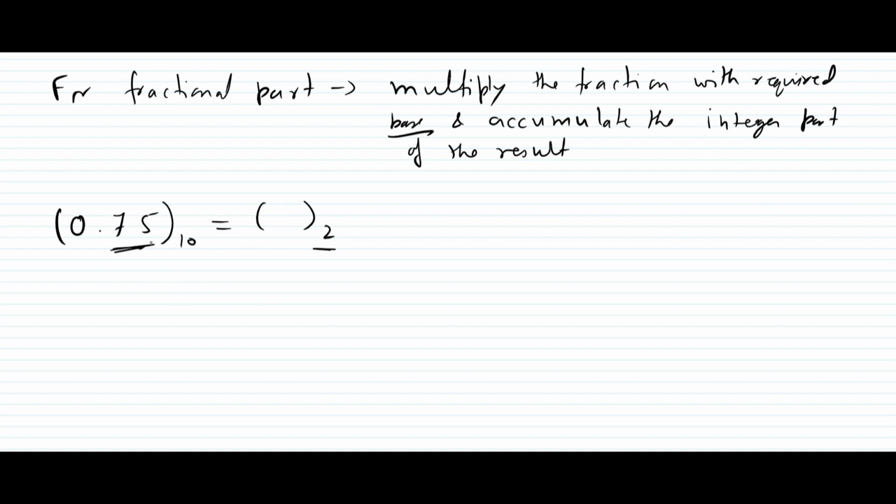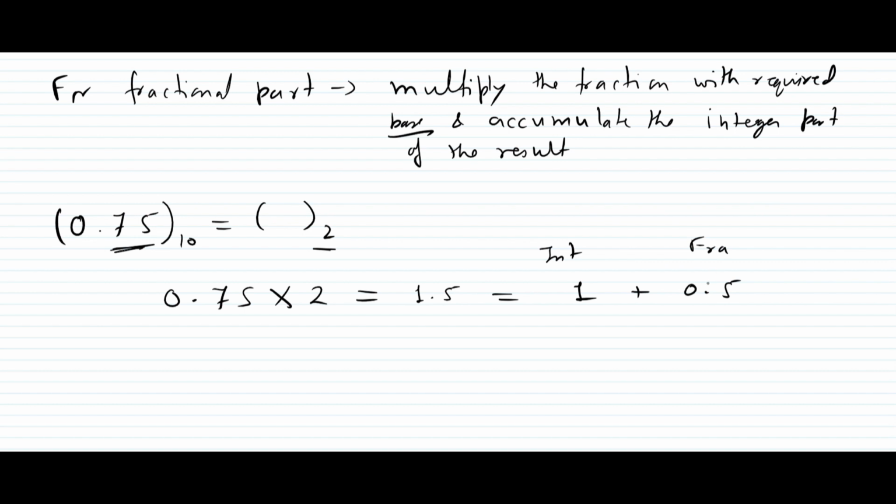So here the number is 0.75, multiply it by the required base. 0.75 into 2 is 1.5, right? So I can write it like this, 1 plus 0.5. This is the integer part and this is the fraction part. Fine.